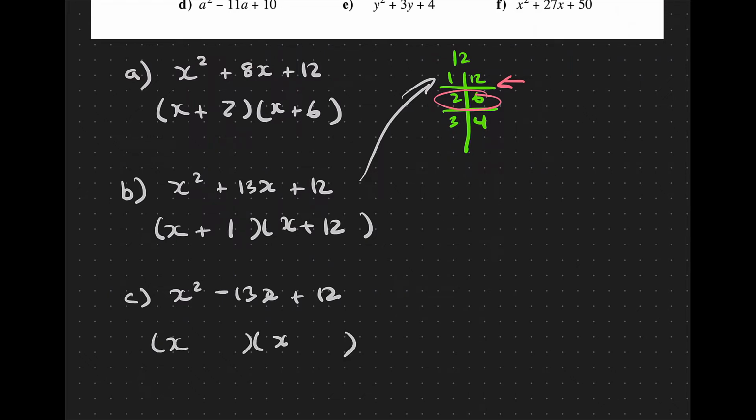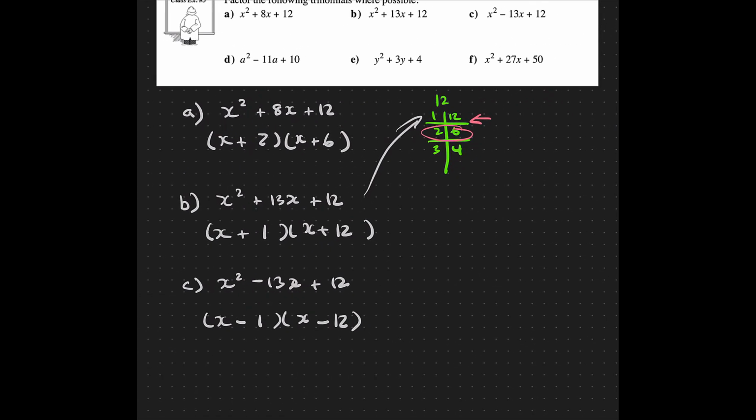In this case, the signs are both the same and they're both negative. So I'm going to put a negative and a negative, and they're going to add together to give us negative 13. So it will still be the 1 and the 12, but a negative 12 and a negative 1 gives us a negative 13.